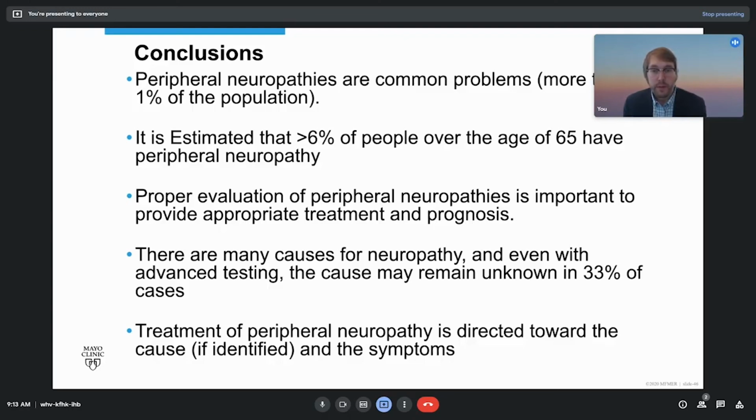There are many causes for neuropathy, and even with advanced testing, including genetic testing, we may not find the cause of the neuropathy, even up to a third of the time, depending on the type of neuropathy that we are seeing. Treatment of peripheral neuropathy is directed toward the cause if it is identified and the symptoms.